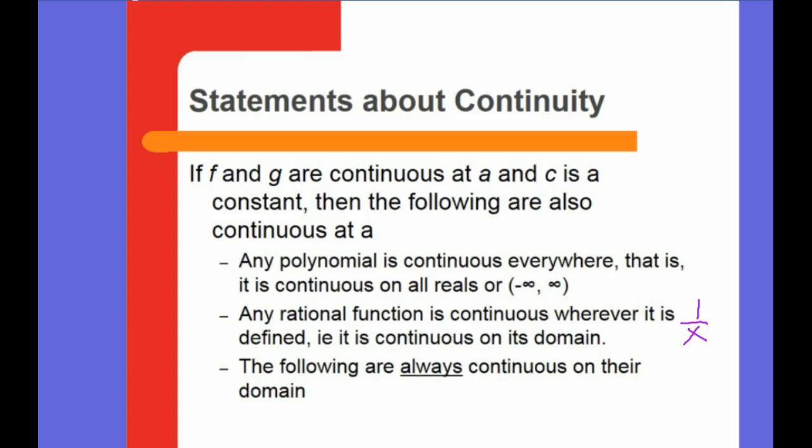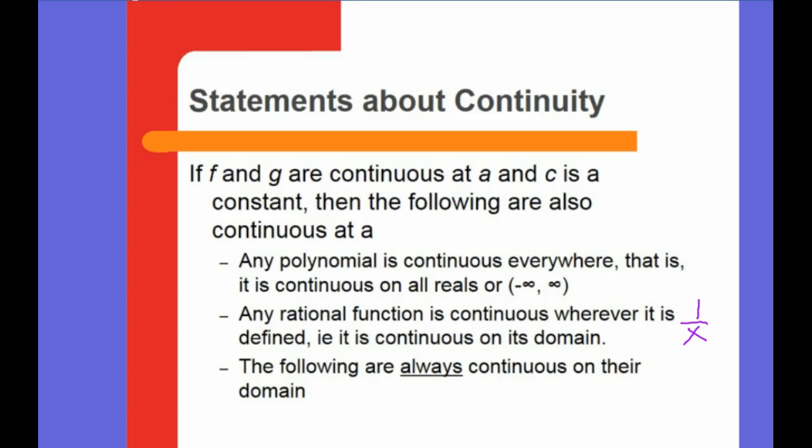What are polynomials? Any function, be it cubic, quadratic, quartic, quintic, as long as there's no division, no multiplication of multiple variables, and nothing to a power that is not a whole number. So that's the definition of a polynomial: no division, no fractional exponents, and no multiplication of two variables.